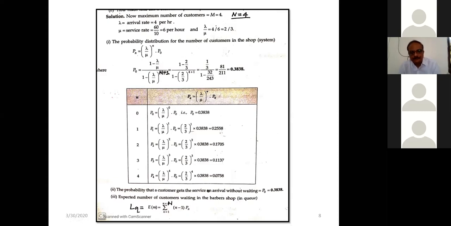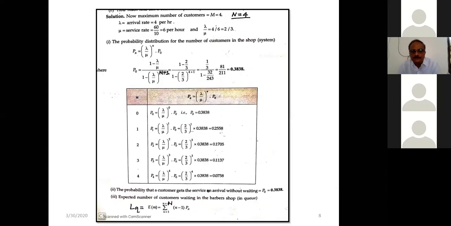Now the value of capital N, that is the capacity of the barber shop, is 4 only, right? So when you calculate LQ, you substitute initially n equals 1. N equals 1 means 1 minus 1, which is 0. So 0 into P1 is ultimately 0.